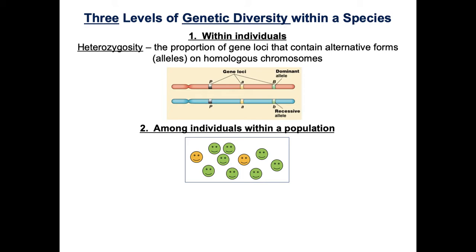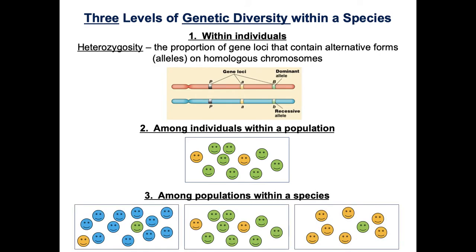We can look at among individuals within a population, so how much variability is there among different individuals, and then we can look at among populations within a species. But a lot of this has to do with how many copies of a gene there are, and this heterozygosity is an important measure.